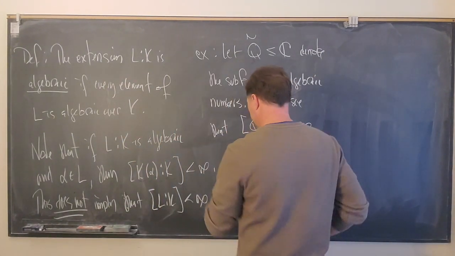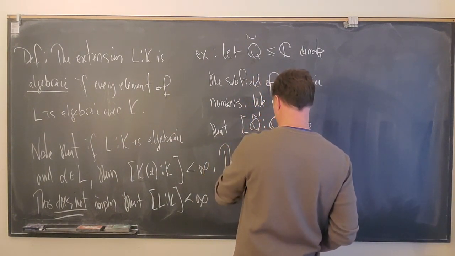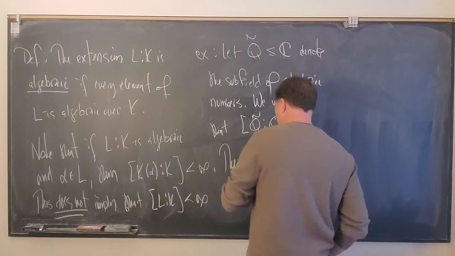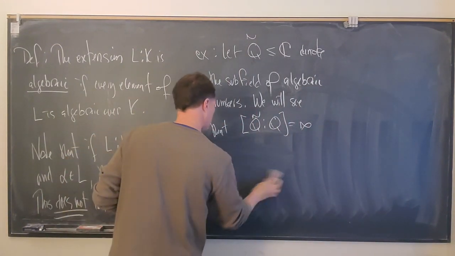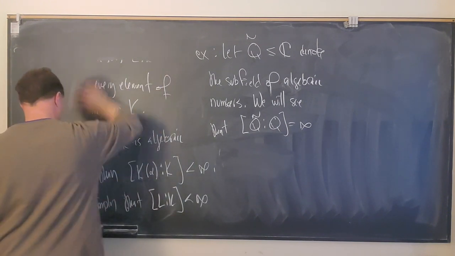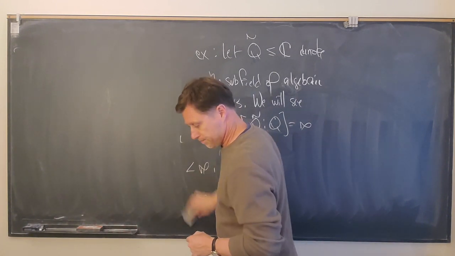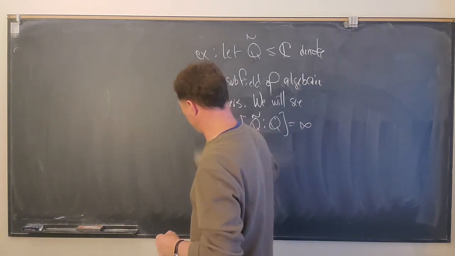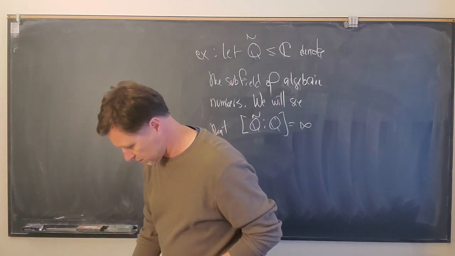And so now, this next theorem, I don't really like the placement here. Let's actually put it up here. This next theorem will tell us just when we can conclude that an extension is finite.